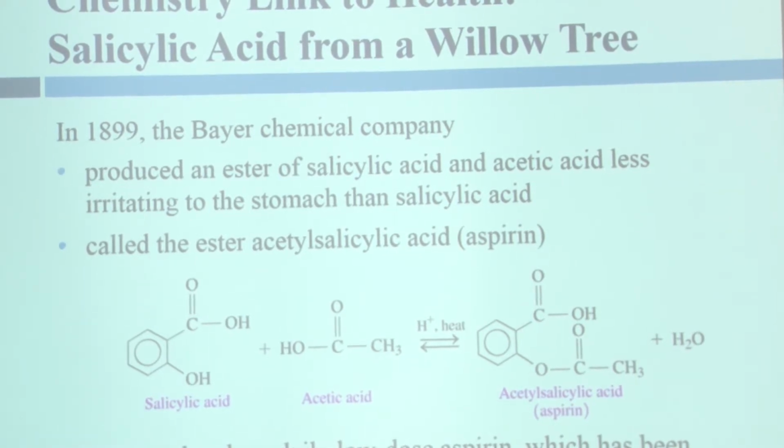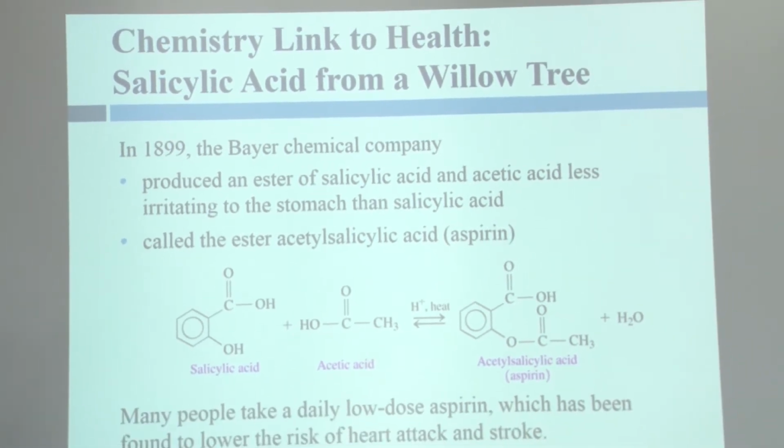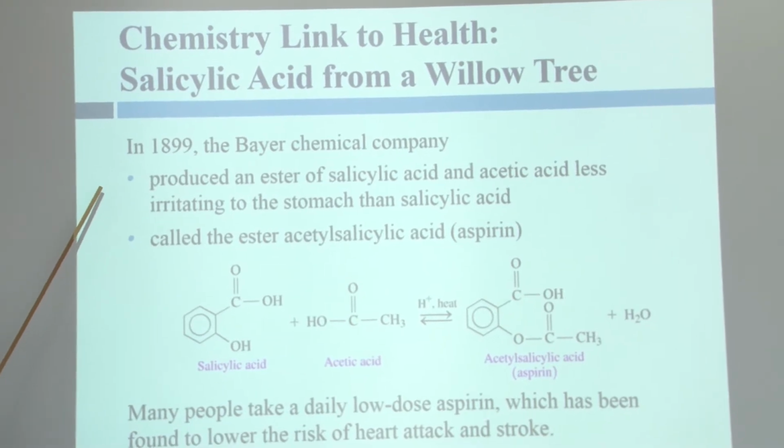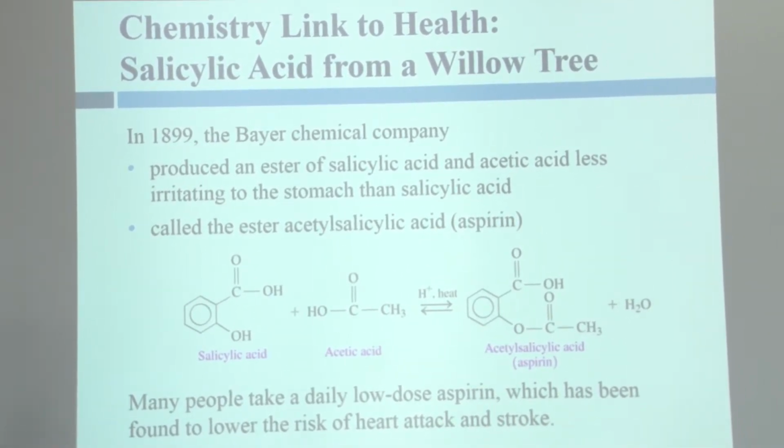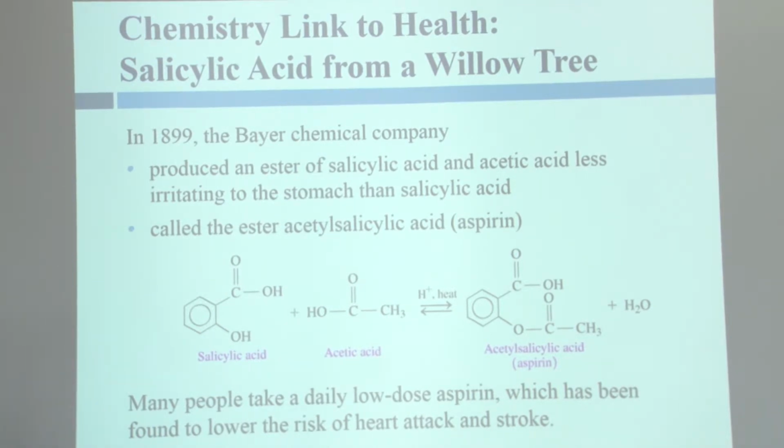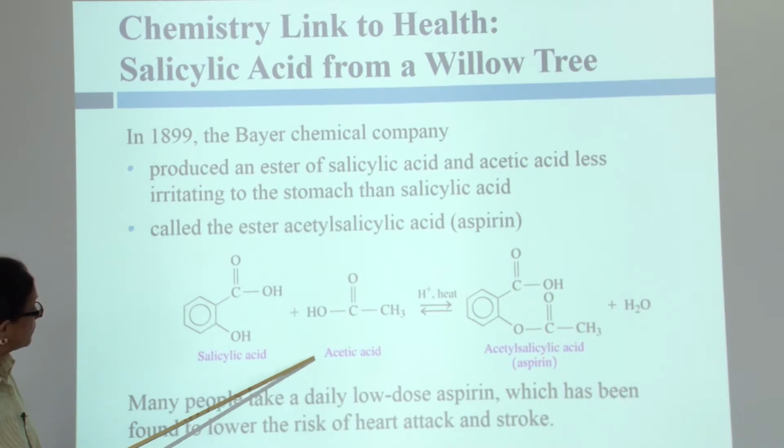Now the link to health. In 1899, Bayer produced an ester of salicylic acid and acetic acid. This is aspirin, called acetyl salicylic acid. So this is salicylic acid and this is acetic acid.